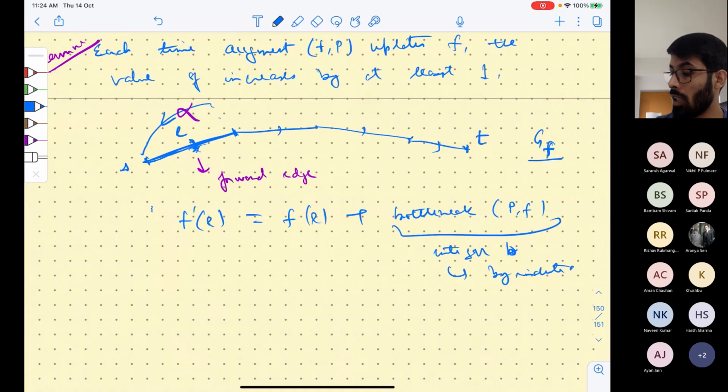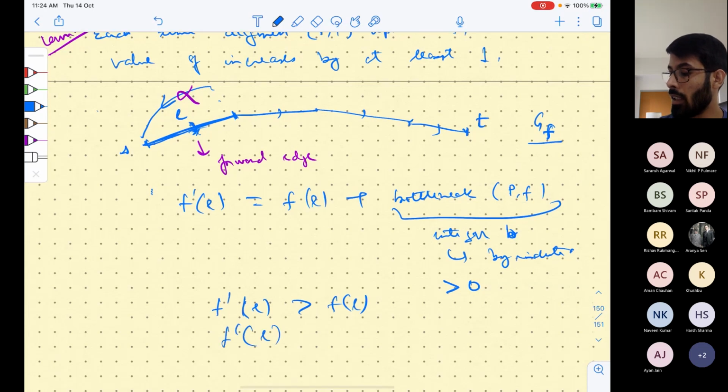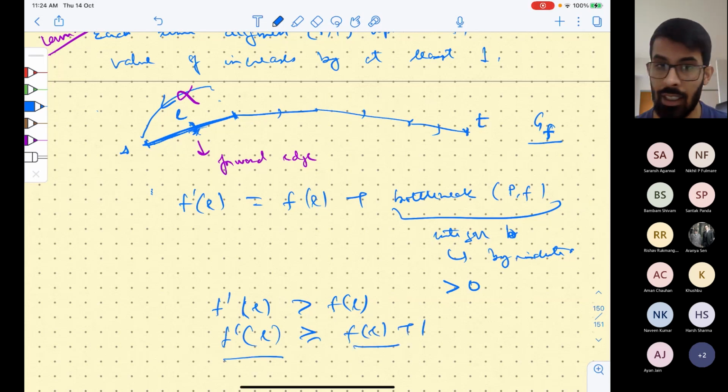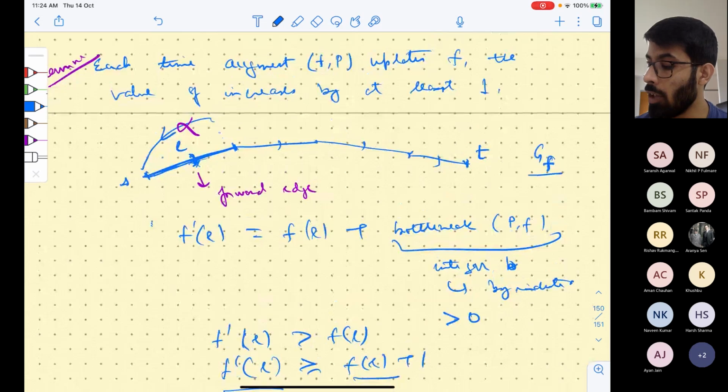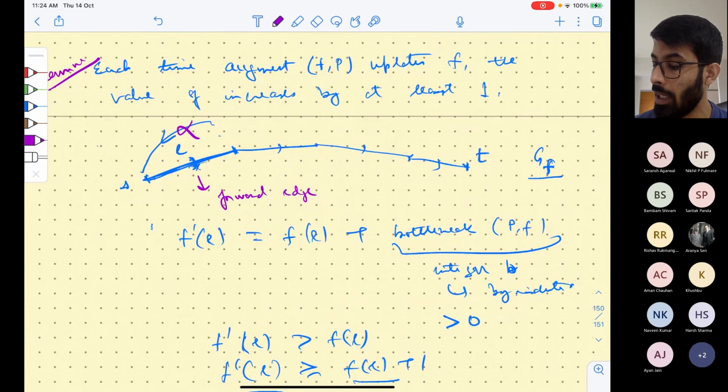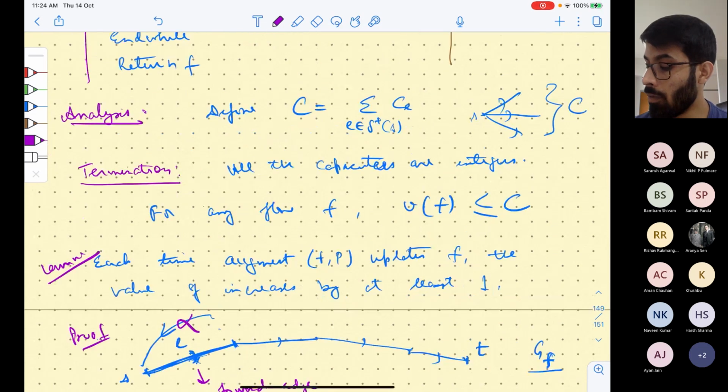This quantity is non-zero, so f prime of E is greater than or equal to f of E plus 1. Everything is an integer because you will always be doing operations between integers. That is why the value of the flow increases by at least 1. So this is the proof of this lemma, and now we are done for the termination.